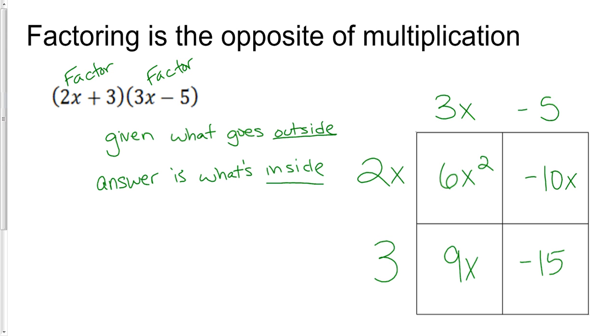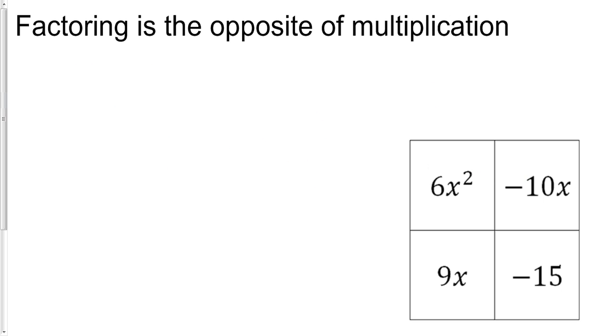So in this case, our answer would be 6x squared minus 10x plus 9x minus 15. With a factoring problem, we start with what's inside. And we have to figure out what goes outside.